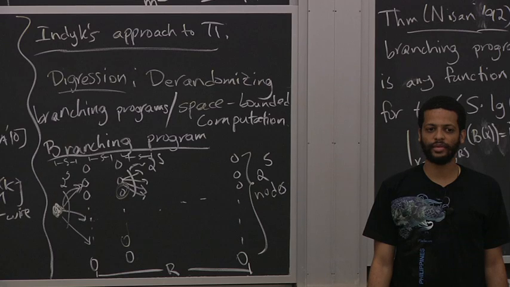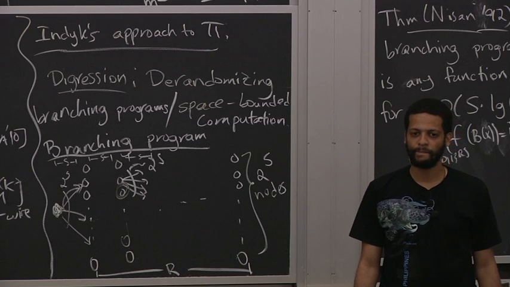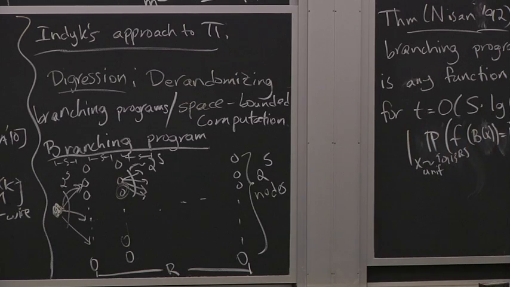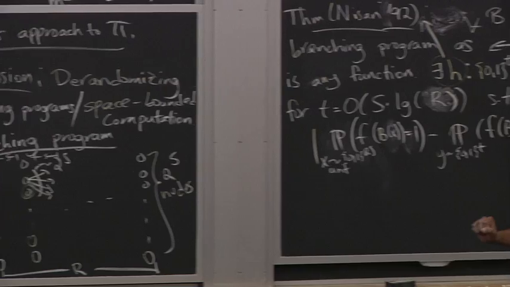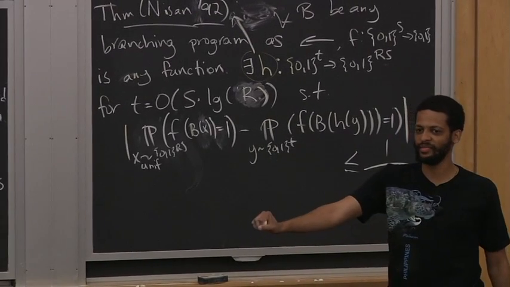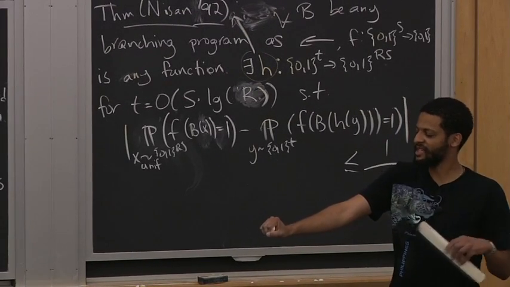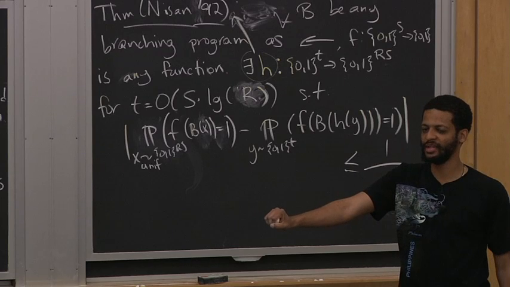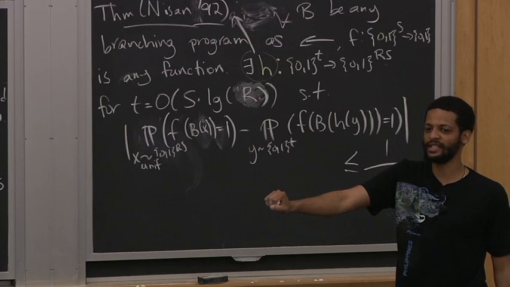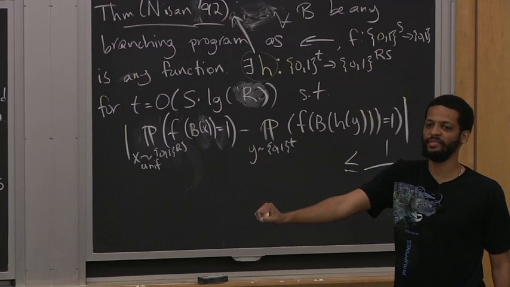So inside the space-S algorithm, you only use S bits, but there's someone else who's feeding input to that algorithm. That person who's feeding input to the algorithm can use S log R bits and still get roughly the same behavior.